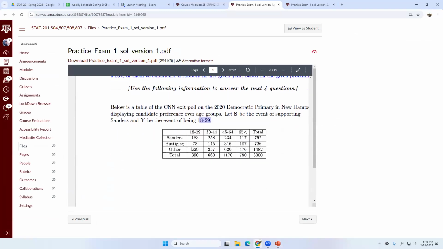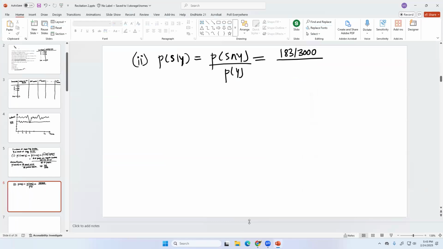The probability of Y is, again, how many times Y occurs divided by the total number of events, right? So just using the basic formula. So how many 18 to 29 are there in this data set? 390, right? And then divided by how much? 3,000. Okay, so 390 over 3,000.